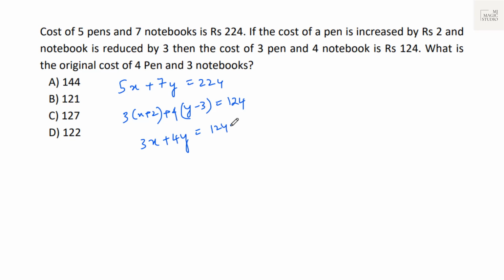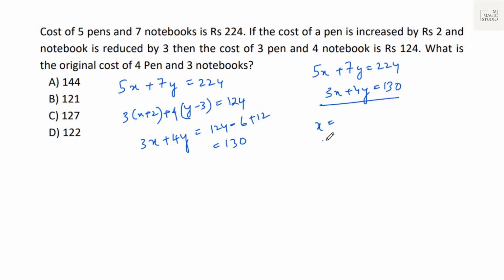We'll get 3x plus 4y equals 124 minus 6 plus 12. That is 130. Yes, plus 6. So we have 5x plus 7y equals 224 and 3x plus 4y equals 130. Use whatsoever method you want. Find the value of x and y. That's it.